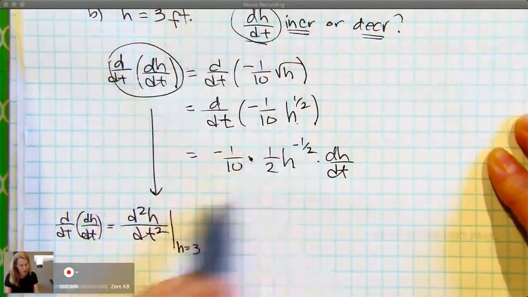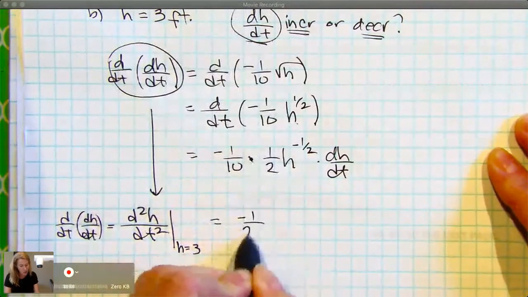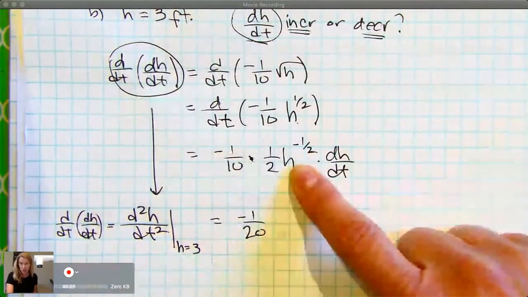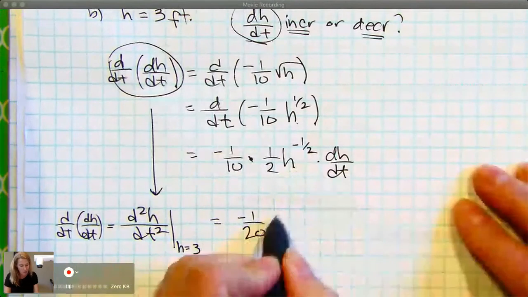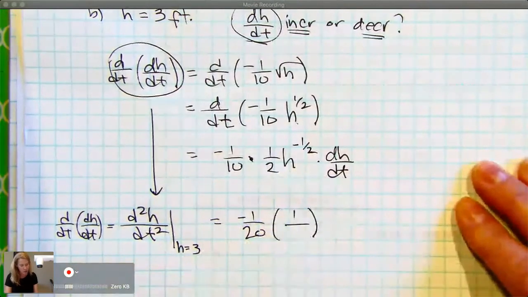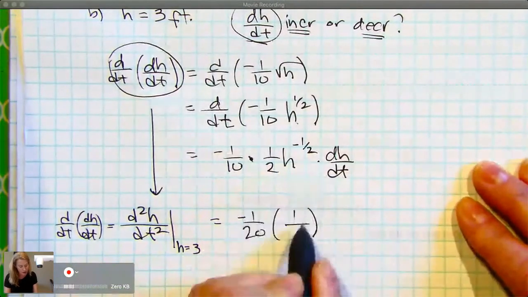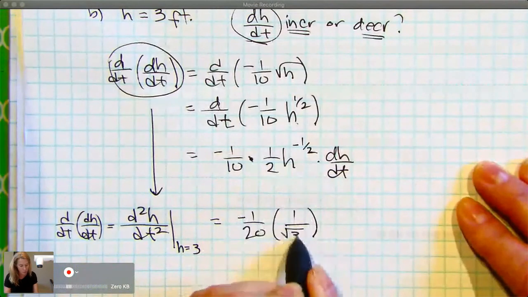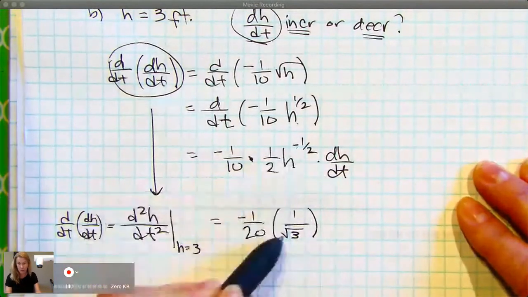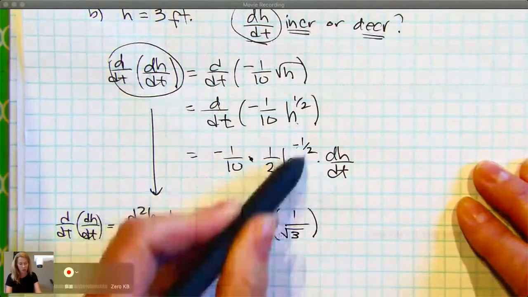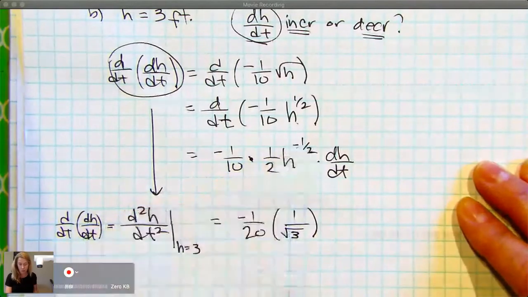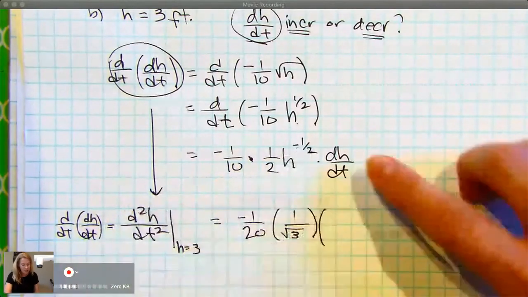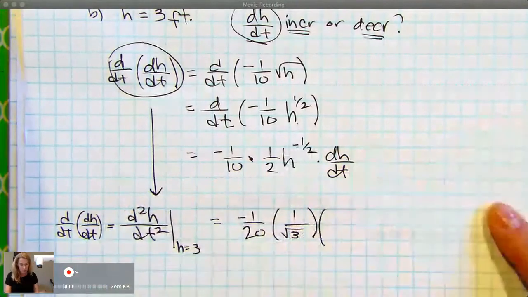So here I have -1/20, and then I have h to the -1/2 power, which means I have 1 over 3 to the 1/2 power, or square root of 3. So that -1/2 power means it goes in the denominator, and I just change from 1/2 power to square root. And then the dH/dt, of course, is the original, and we can just plug that back in.